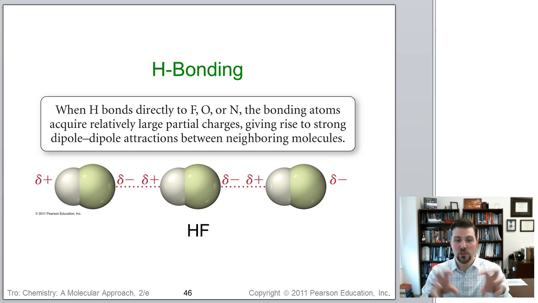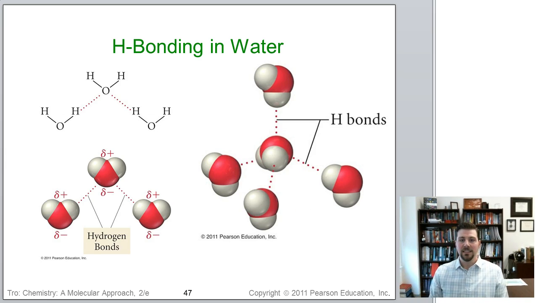And that means you have almost like a dipole moment created here. And that's going to cause these molecules to interact with one another very strongly, more strongly than a dispersion force or a dipole-dipole force. So water exhibits this type of hydrogen bonding very well.